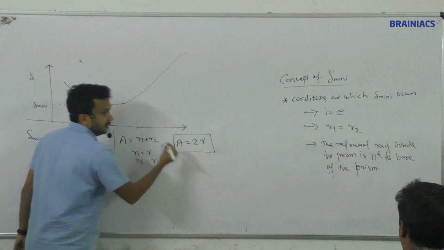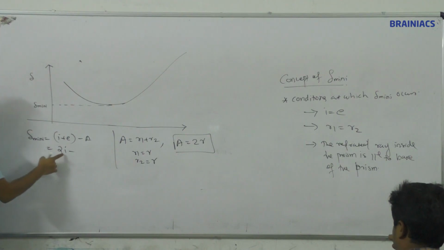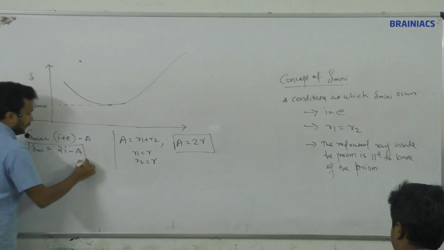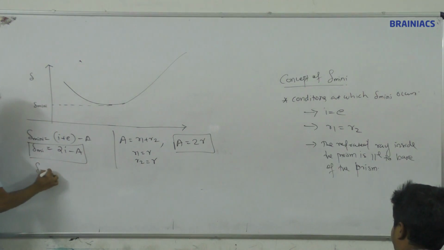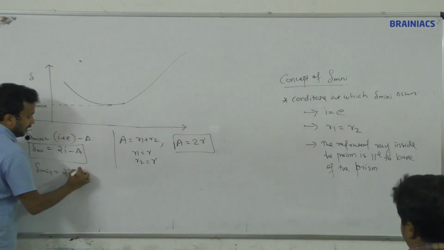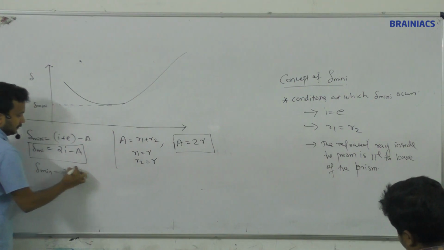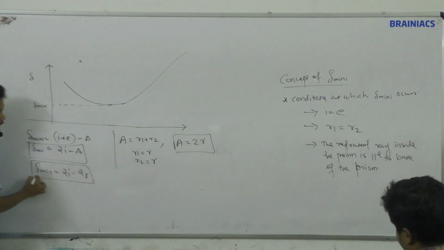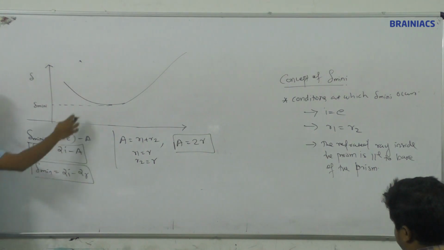So delta minimum deviation is 2I minus A. This is one equation we can write. Another one: delta minimum is equal to 2I minus A, where A means 2R. So we can write it like this also. Okay, these are the expressions for delta minimum.